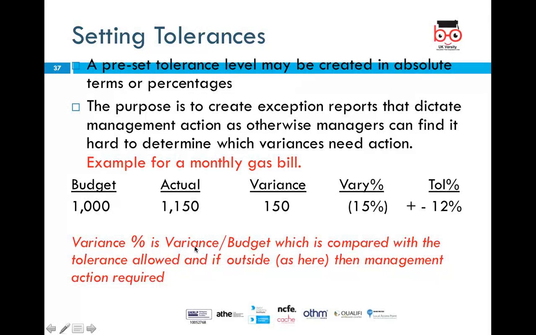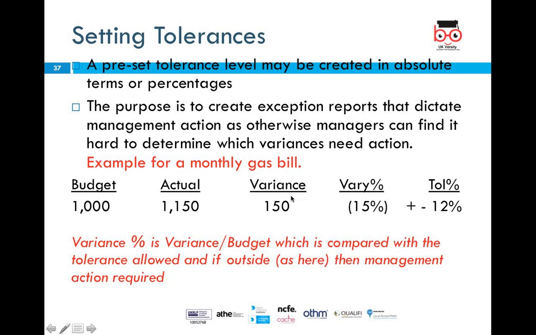That means the variance we will calculate by percentage, which is compared with the tolerance allowed, and if outside, the management can take the action as required. So here our tolerance level is 12%, but our variance percentage is 15% plus.